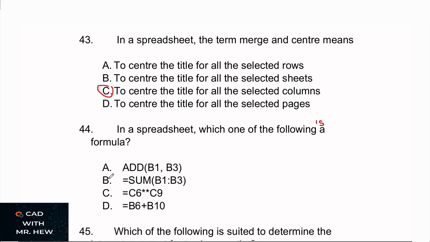We have option B, equal sum, open bracket, B1, colon through B3, close bracket. We have C, which is equal C6 star star C9, and D, we have equal B6 plus B10. Which one did you choose? Did you choose A, B, or C? The correct answer is D.